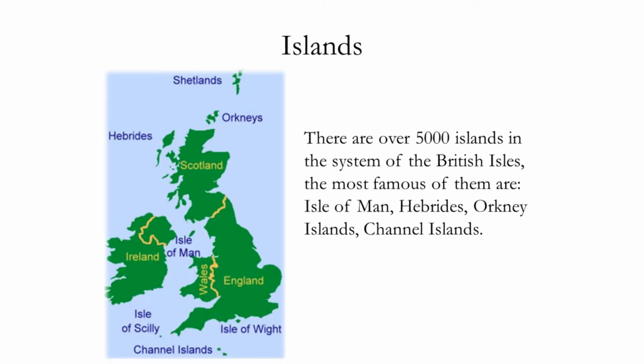There are over 5,000 islands in the system of the British Isles. The most famous of them are Isle of Man, Hebrides, Orkney Islands, and Channel Islands.